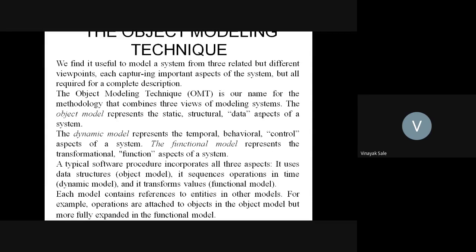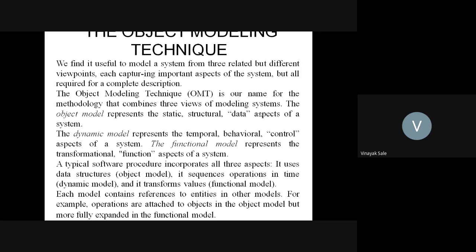The object modeling technique is our name for the methodology that combines the three-view modeling. The object model represents the static structural data aspect of a system. The dynamic model represents the temporal behavior and control of a system. The functional model represents the transformational function aspects of a system.